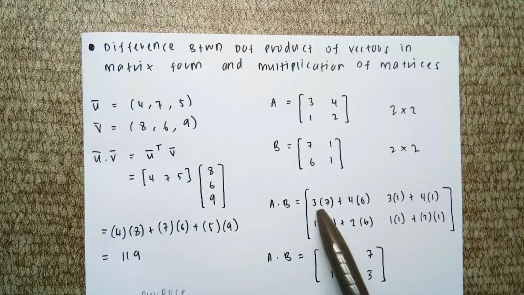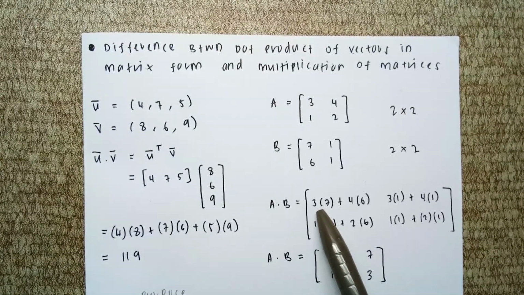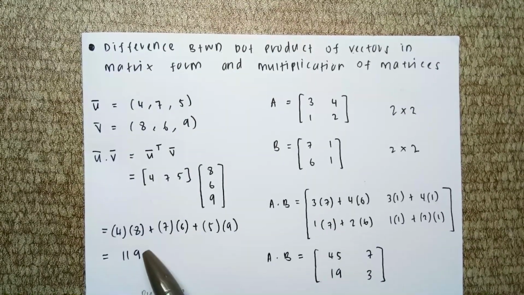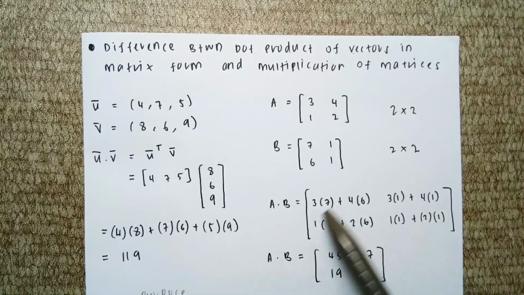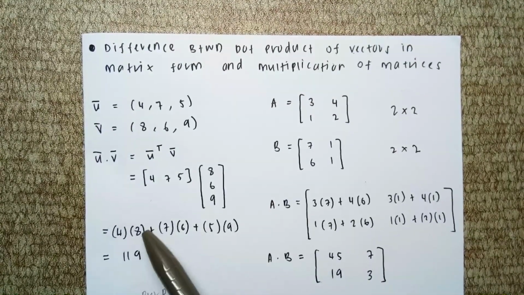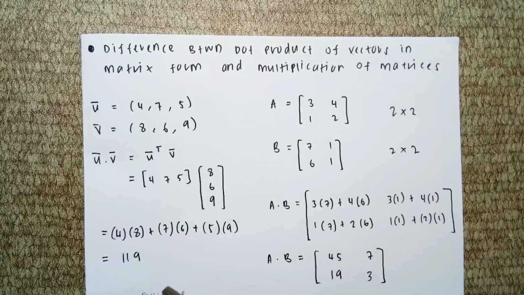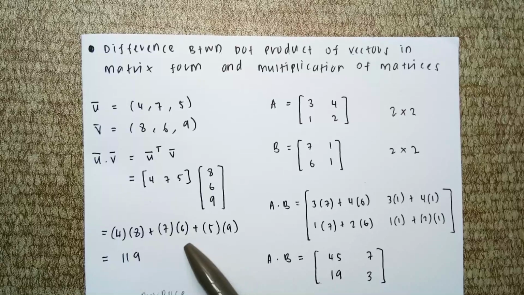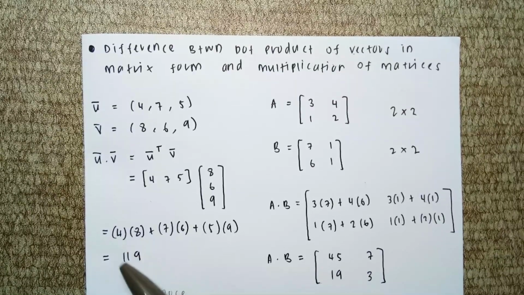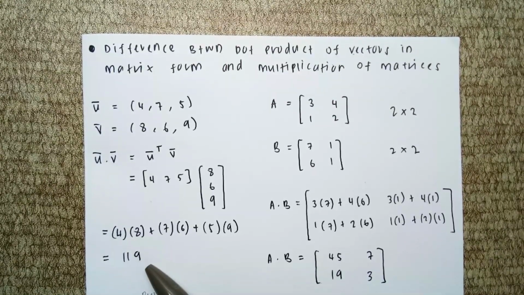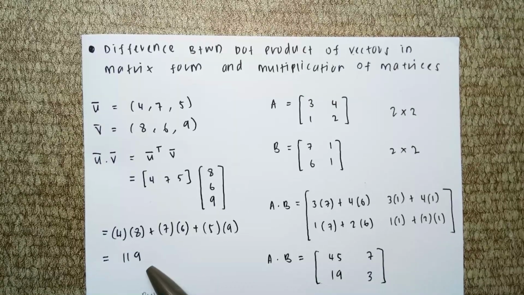And the next difference that we can find, obviously, is the answer. We can see here that there are differences between these two answers. For this operation, the answer will always be a real number, which is 119.